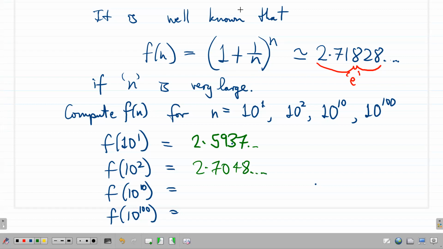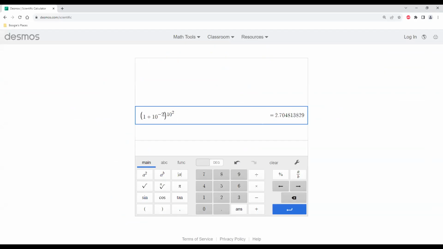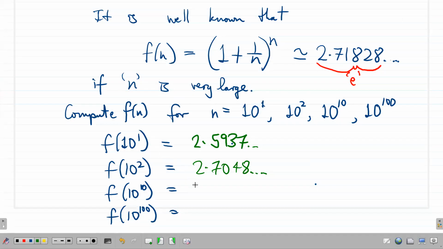Let's try the third one. So now we're looking at 10 to the 10 here. What do I get? Oh, I'm really close now. 2.71828. I'm almost there, I reckon. 2.7183, blah, blah, blah. I reckon when I put in 10 to the 100, I should be absolutely smoking it.